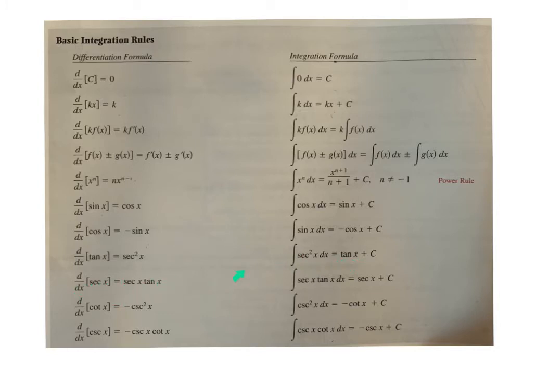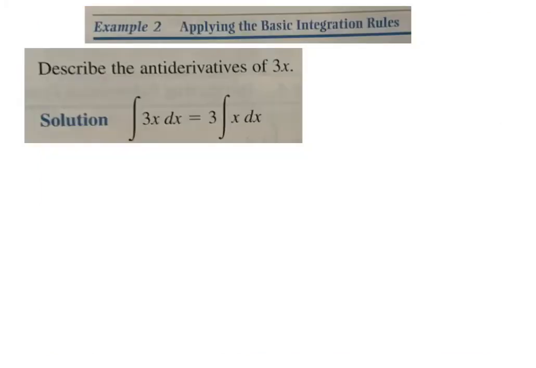Secant goes to secant tangent, then secant tangent goes to secant. And so all of this follows. It's just showing you, just like multiplication and division, if you go one way to get to the answer, then from the answer you go the opposite way. And that's what we're about to do with integration. We're working back towards the original function from the derivative, applying these basic rules.